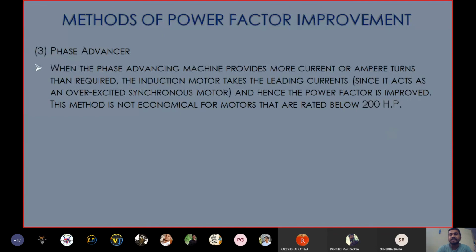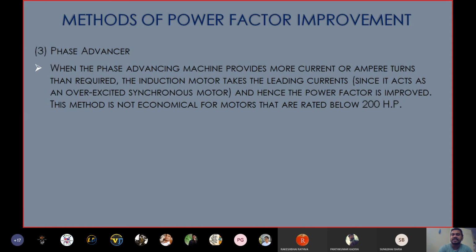When the phase advancing machine provides more ampere turns than required, the induction motor takes the leading current from the supply, hence the power factor is improved. This method is not economical for motors rated below 200 HP.